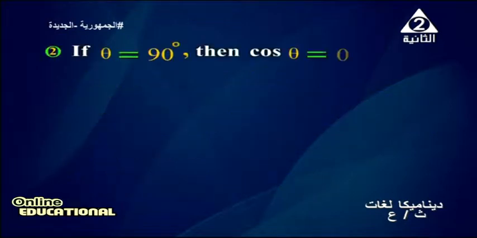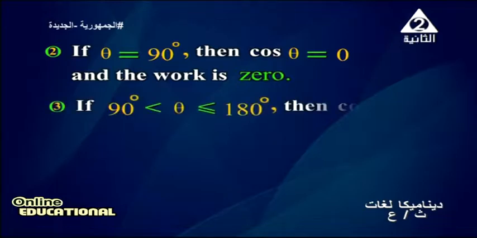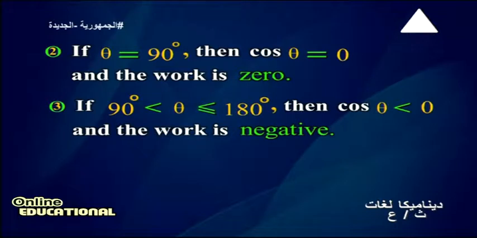But if theta equals 90 degrees, then cosine theta equals 0, and the work in this case equals 0. And if 90 degrees is less than theta, which is less than or equal to 180 degrees, then cosine theta is less than 0, and the work in this case is negative.